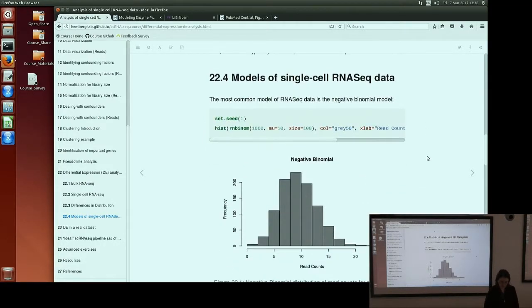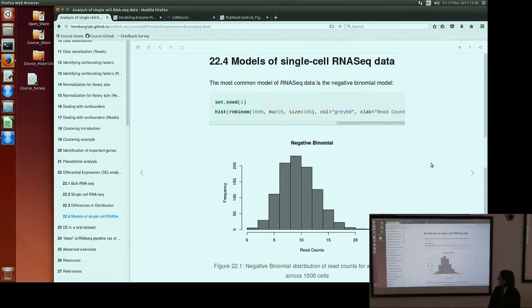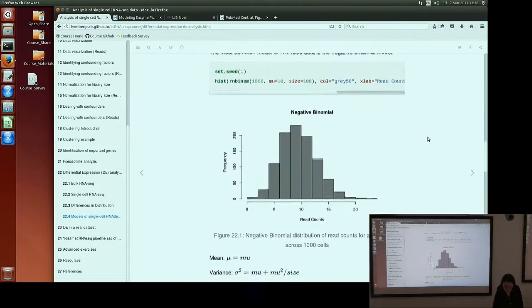So there are three main models of single-cell RNA-seq data for testing the different distributions. The first one is the negative binomial model, which is what's used by bulk RNA-seq. They also use a standard negative binomial. This is what it looks like. These are the parameters in R that you can run.